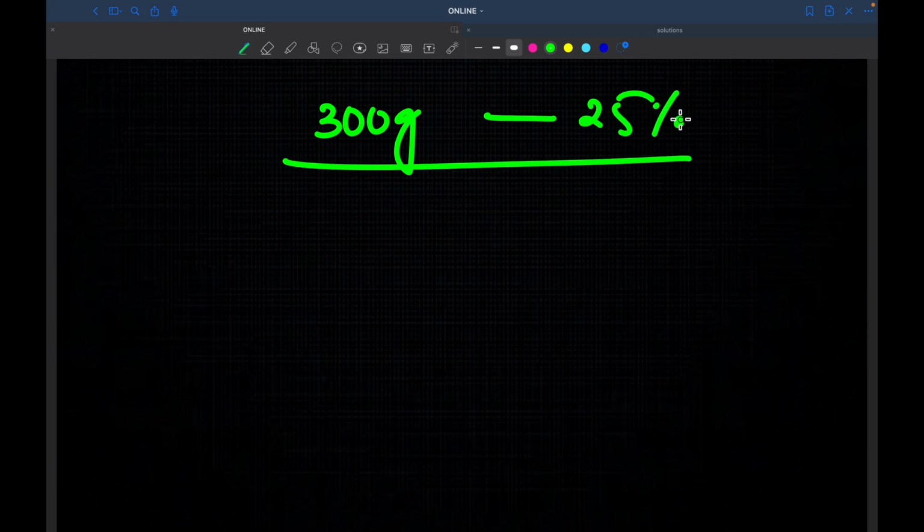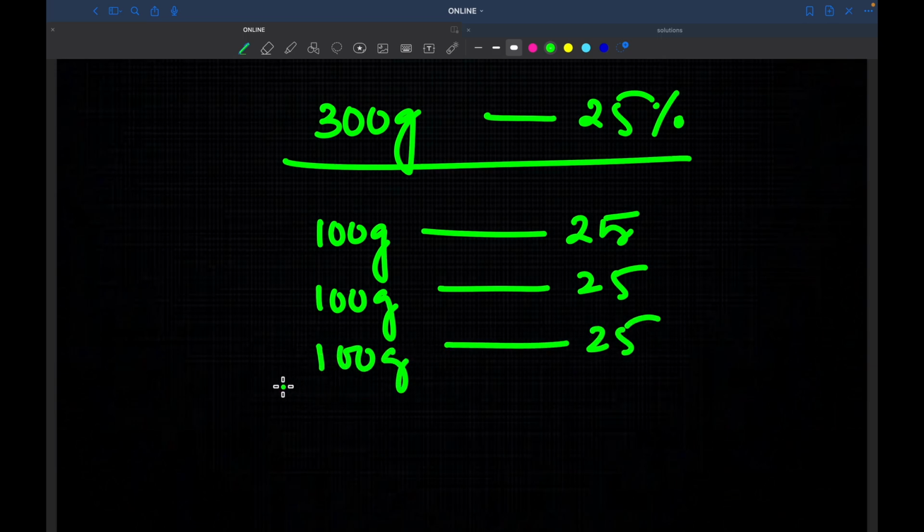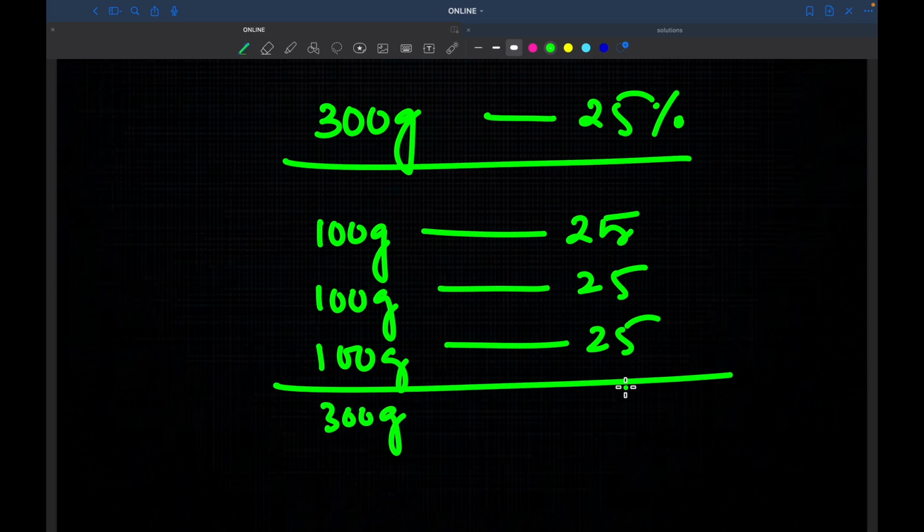What do you mean by 25% solution? It means in 100 grams of solution there are 25 grams of solute. In another 100 grams also there are 25 grams. And in the third case also you have 25 grams. If you add these numbers, you end up with 300 grams of solution and 75 grams of solute.